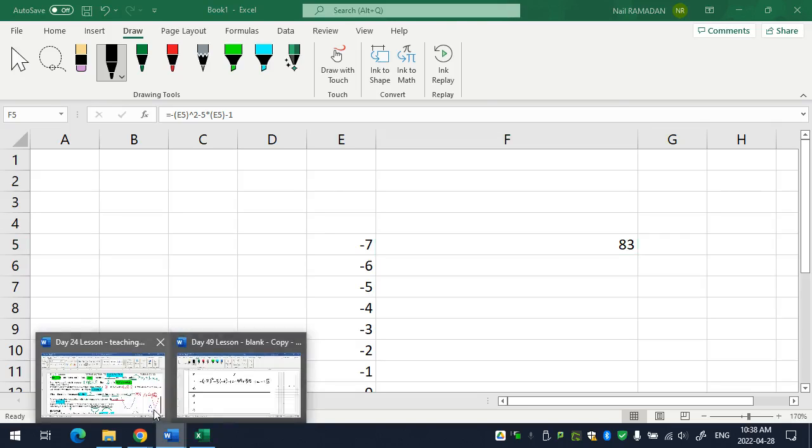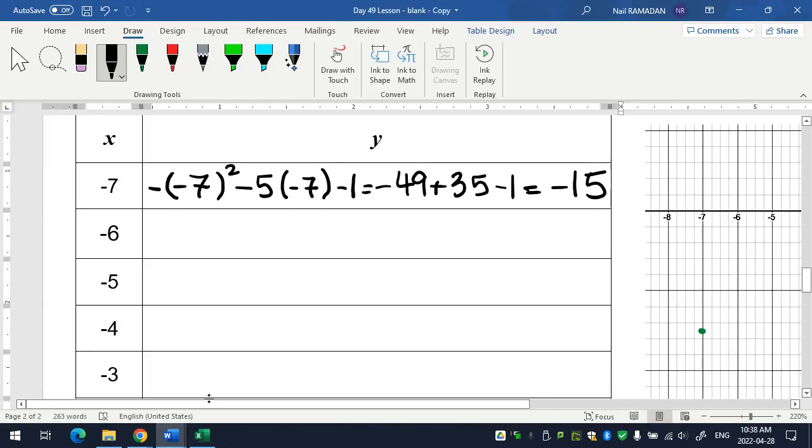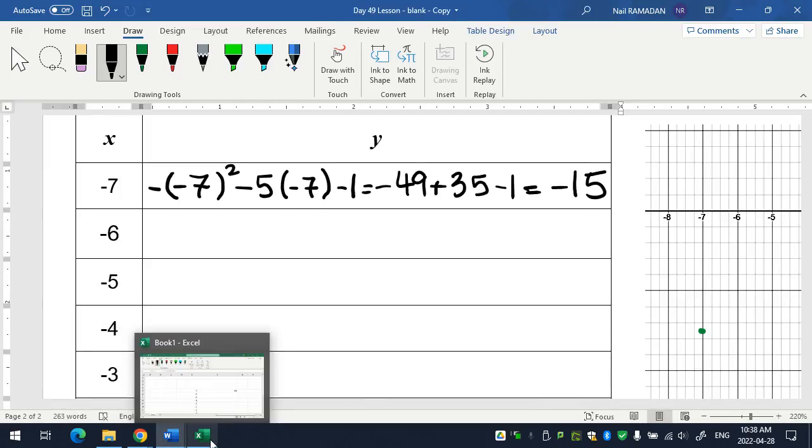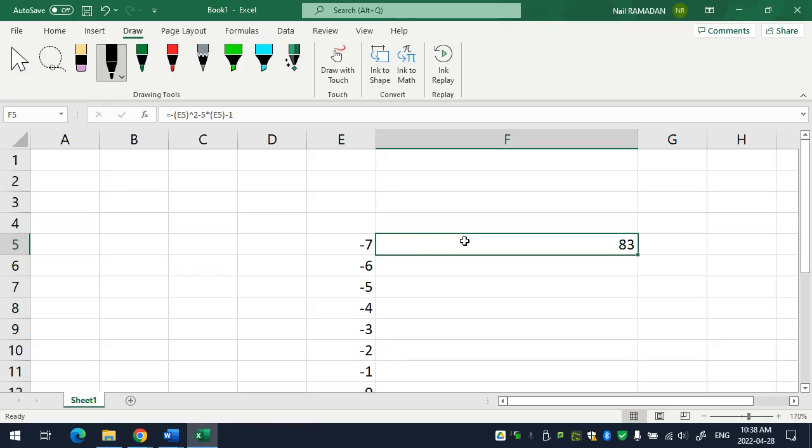What the? Okay, does anyone see a mistake? It equals minus E5 squared minus 5 times E5. Whoa, now I'm perplexed. This never happened.